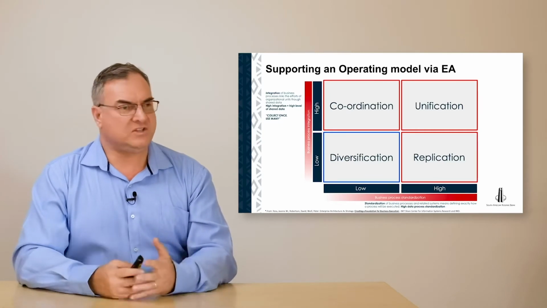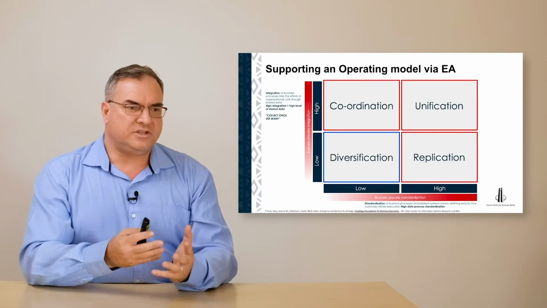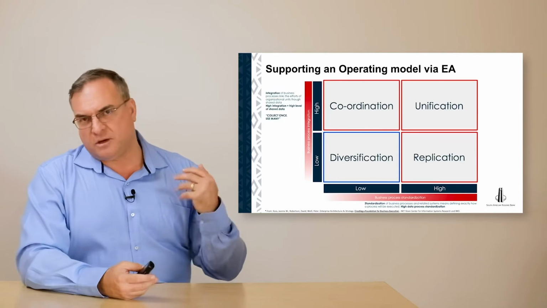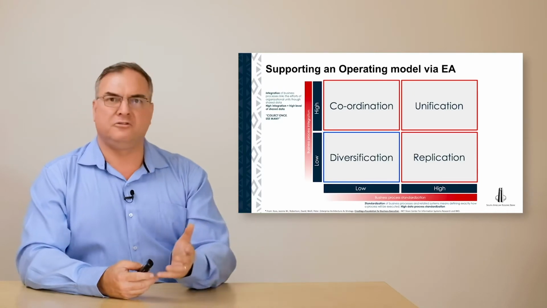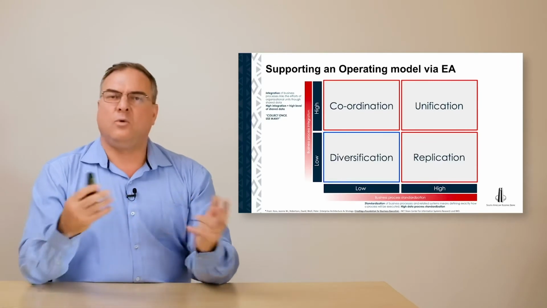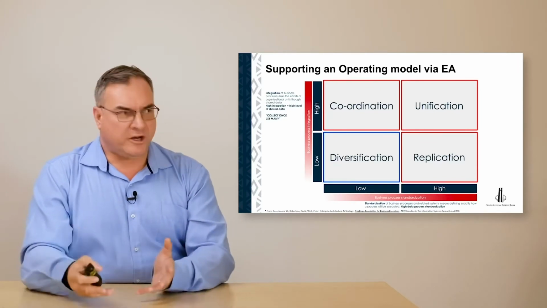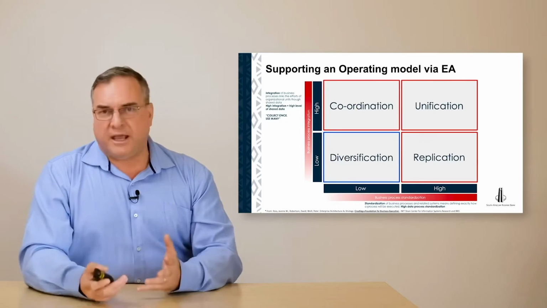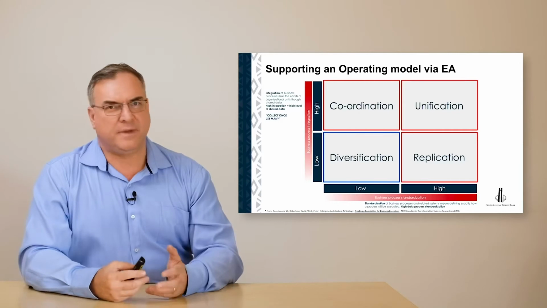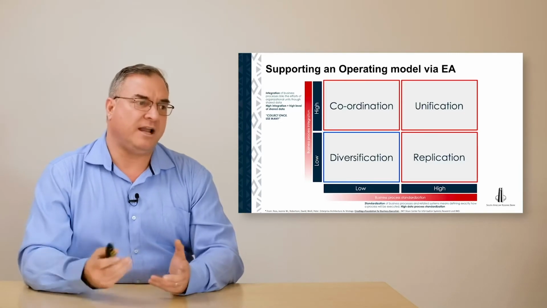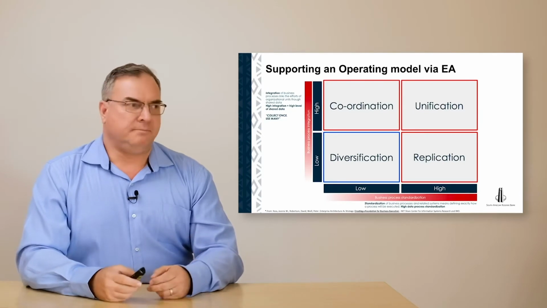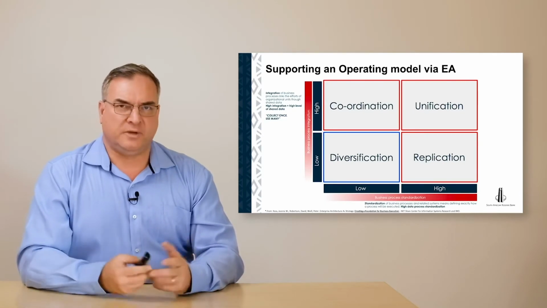So coordination, let's say, the way in which a Tesla integrates all of their processes from where someone orders a vehicle online through the production process, the delivery and after sales, all around the customer and the product that has been sold. Or replication, a good example, the typical McDonald's, anywhere in the world, a Big Mac is a Big Mac. High level of standardization, but a separate outlet, separate customers, so low integration between the different components.